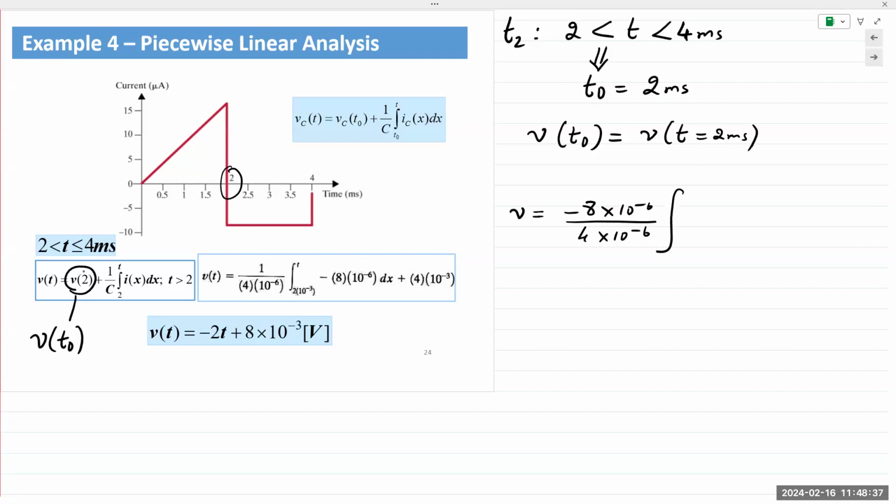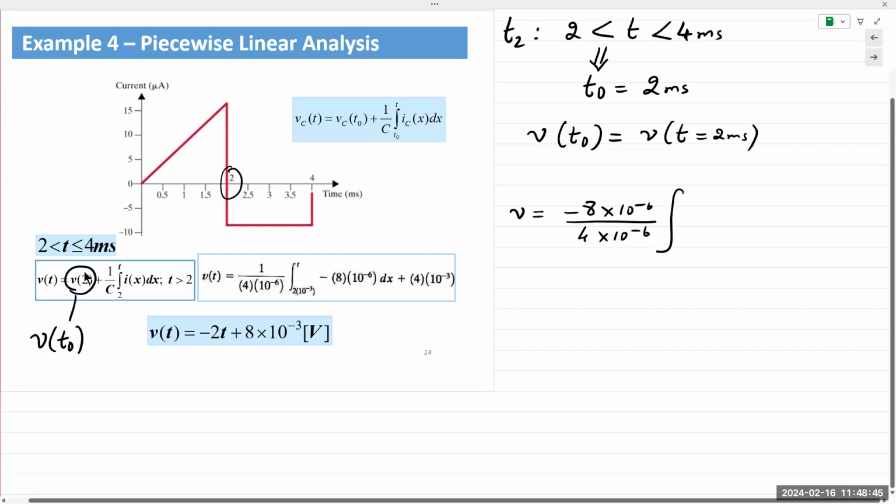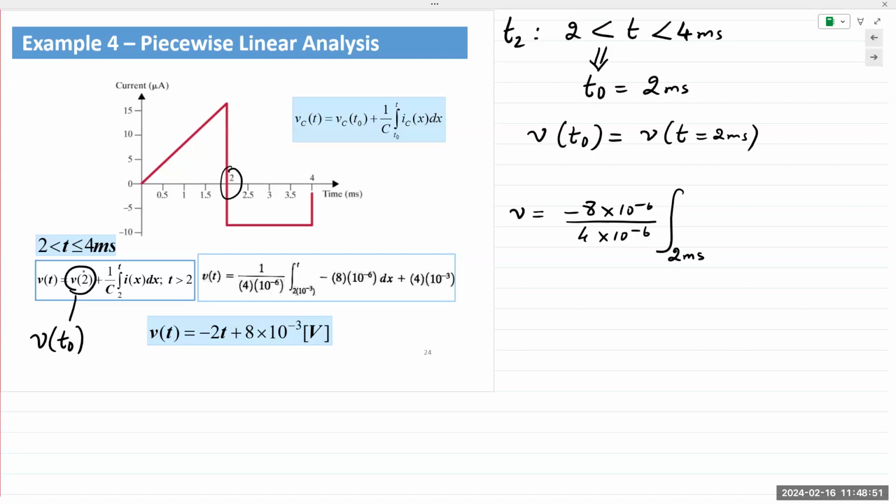And then note this. The limit of the integral is 2 milliseconds, 0.002. Again, attention to detail, 0.002.